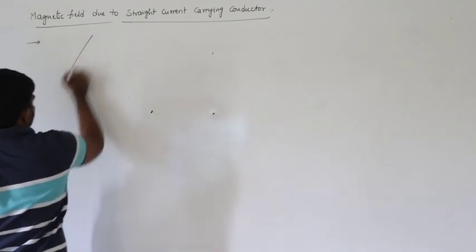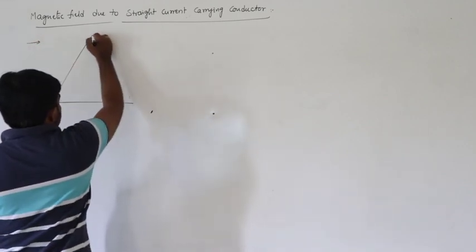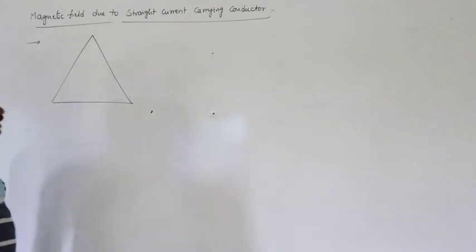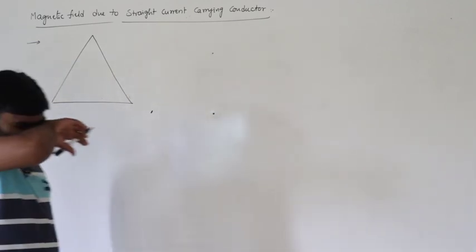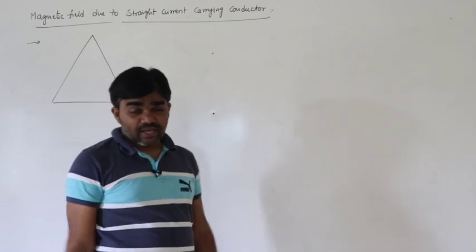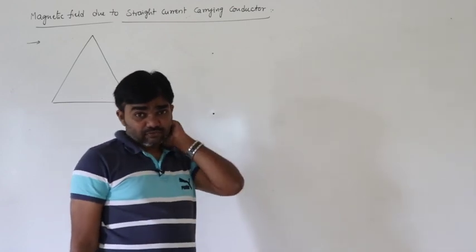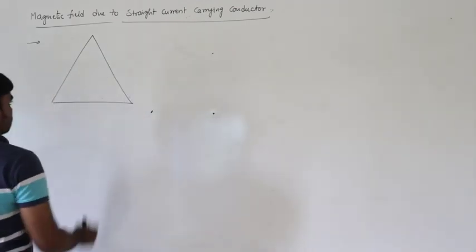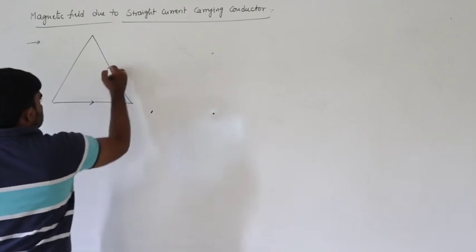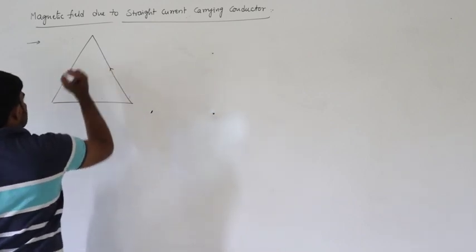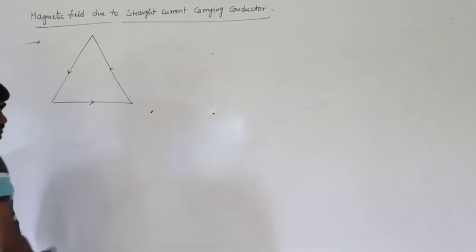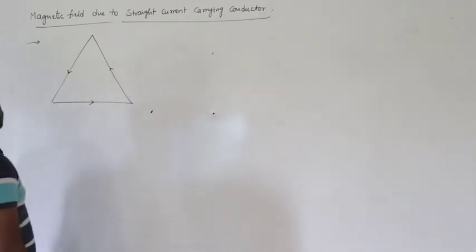Next, for example, 3 straight current carrying conductors are arranged in the form of a triangle. This is the direction of the current.